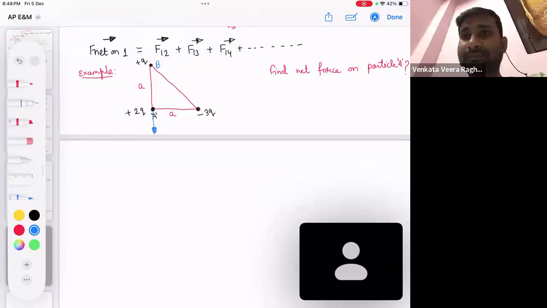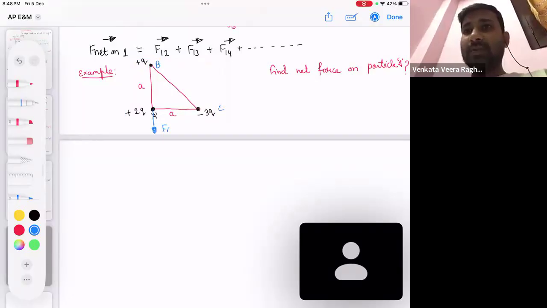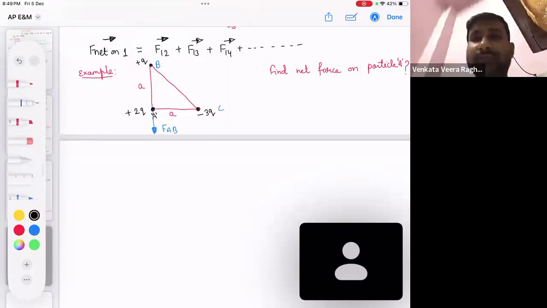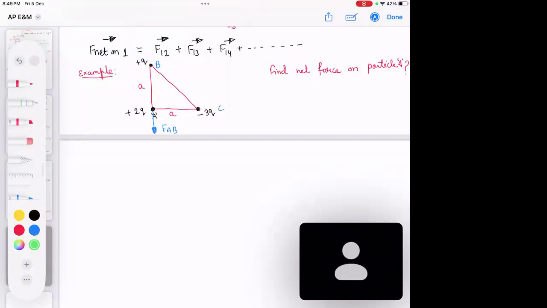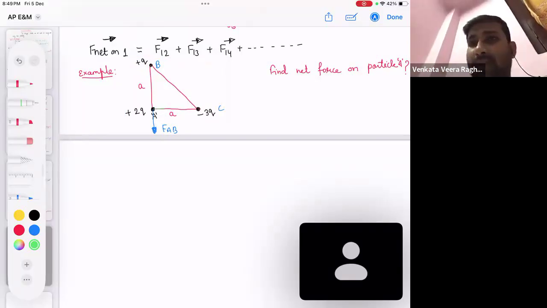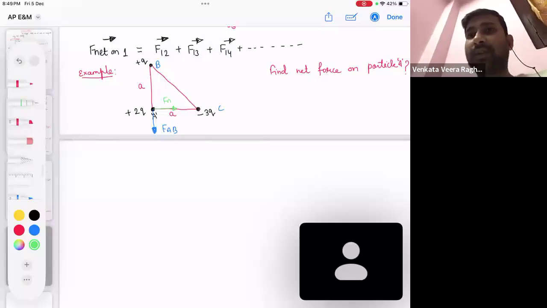Okay, let's call this B and this C. This is the force on A due to B. Next, tell me, what kind of force is C applying, towards itself? Repulsive or attractive? Attractive. Yes, it will be trying to attract towards itself, the force on A due to C, isn't it?